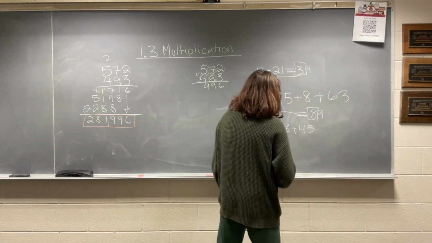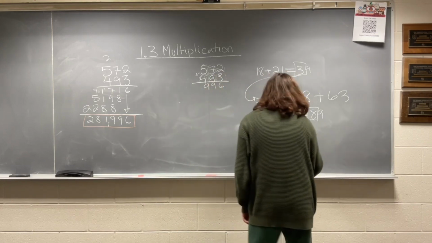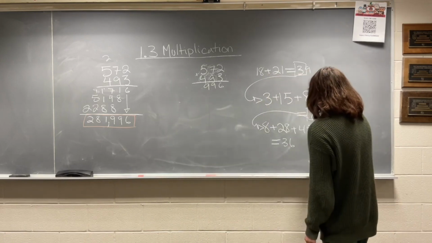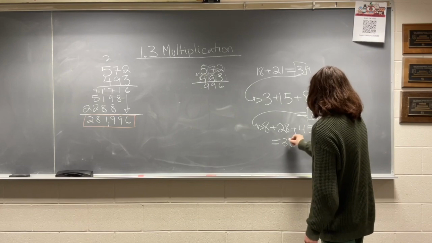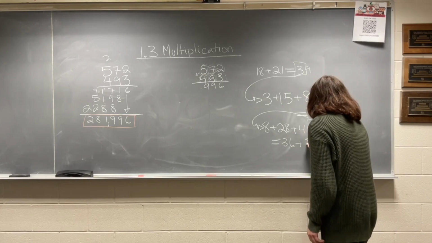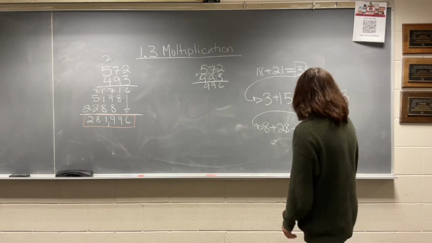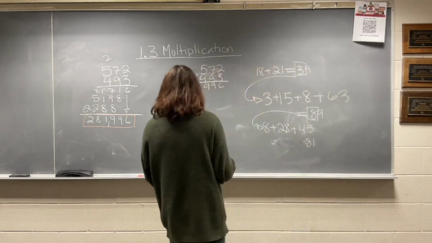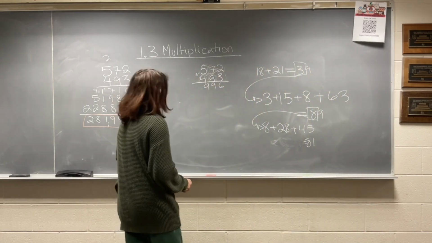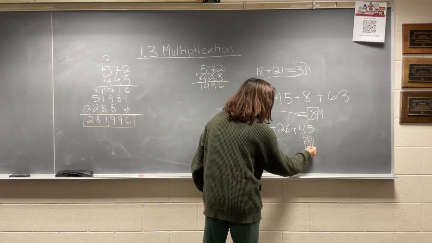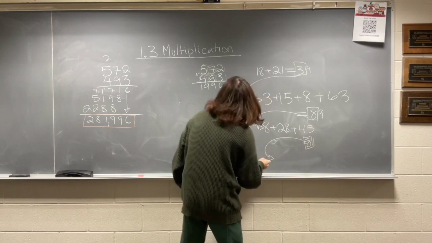So we get 28 plus 8, which is going to be 36, and plus 45, that's going to be 81. So that's all going to be equal to 81. And so what we can do is we can go ahead and put our 1 right here and bring out our 8 for next time.